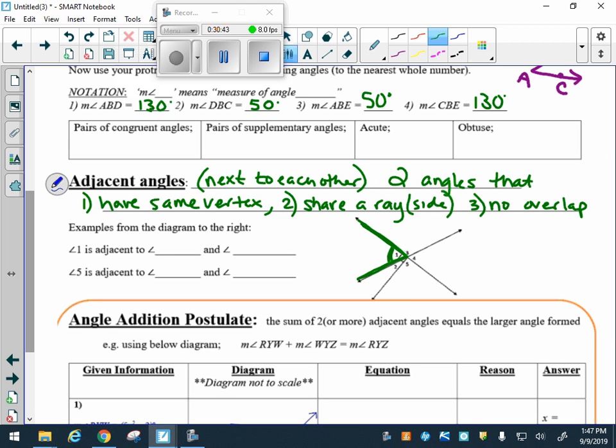Good. And then what's on the other side? So angle 1 is adjacent to angle 3. So next door neighbor on one side is 3. What's the next door neighbor on the other side? Exactly. Good.